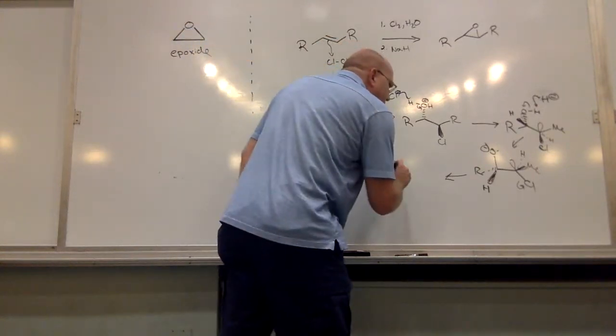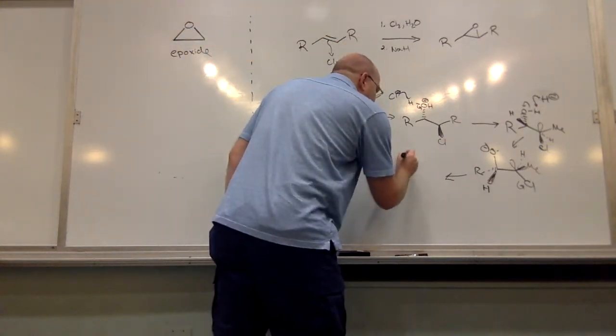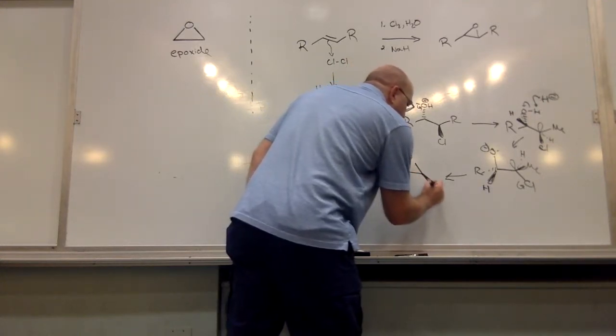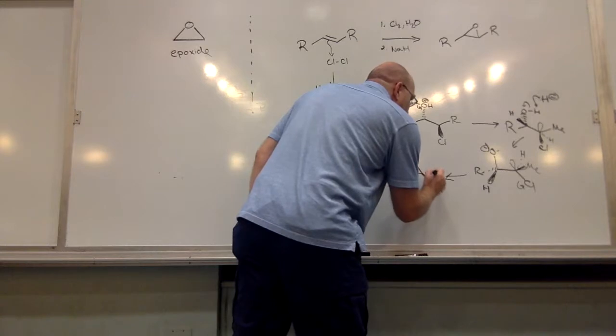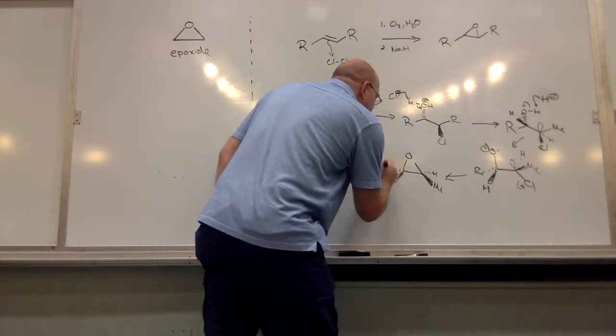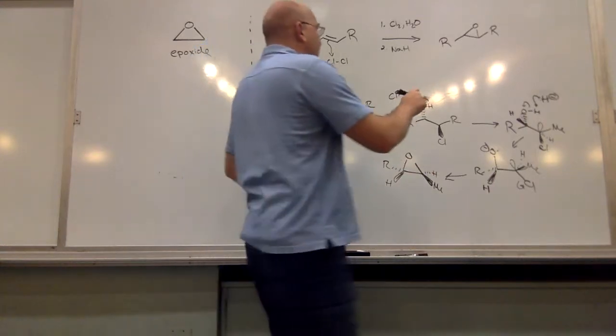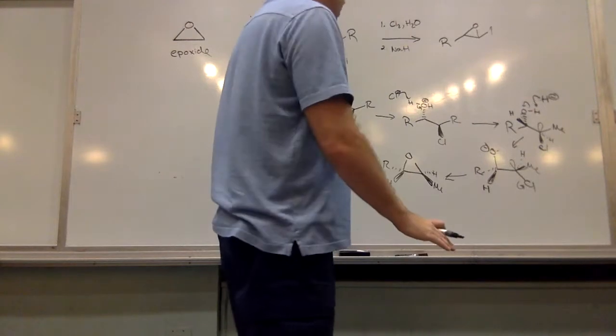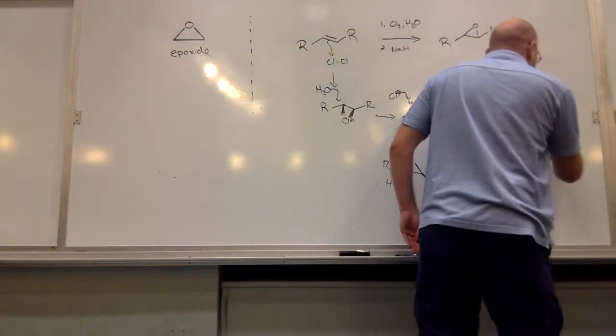But now we have this. Now I have to redraw this again. But okay, and then we see that the R group and the methyl group are on the opposite sides. Oh, when did R here become a methyl group? Sorry.